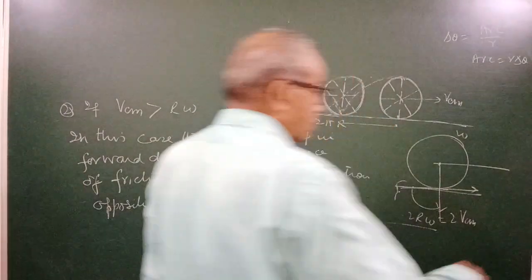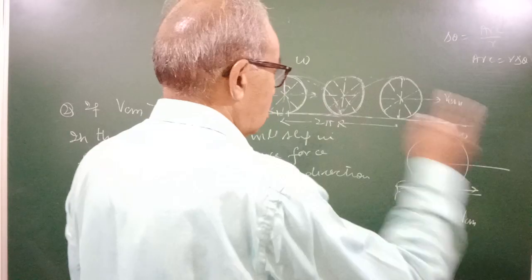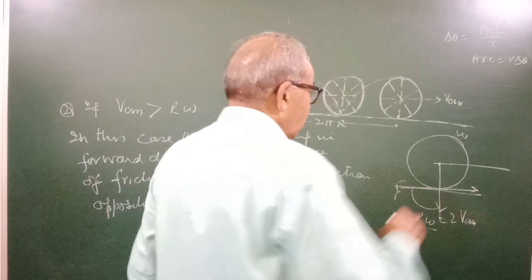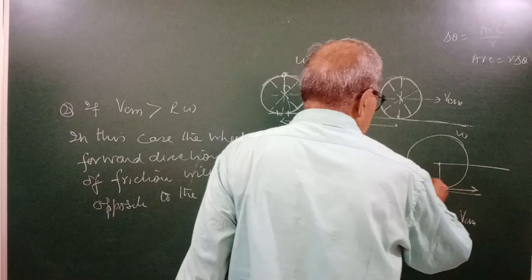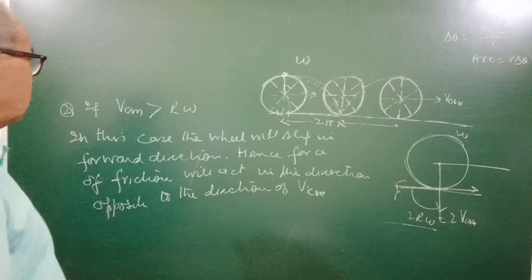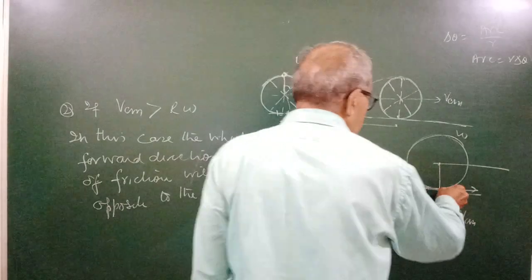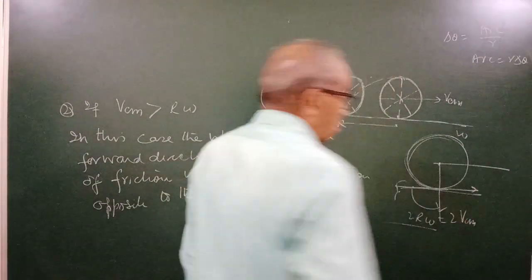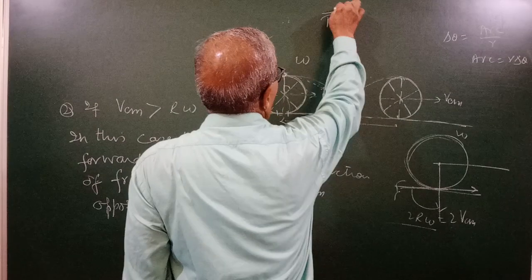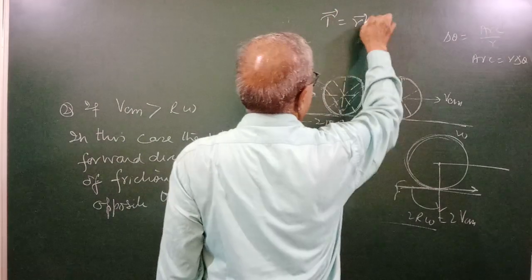R cross F, right? So torque will act on this, which will increase the angular velocity. So the torque vector will be R cross F.